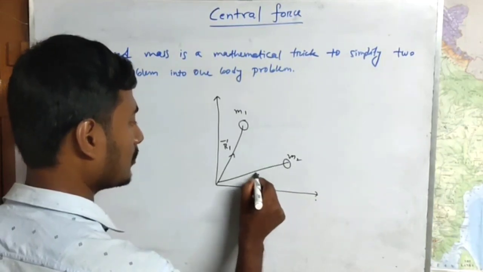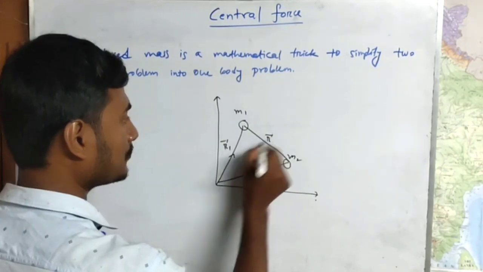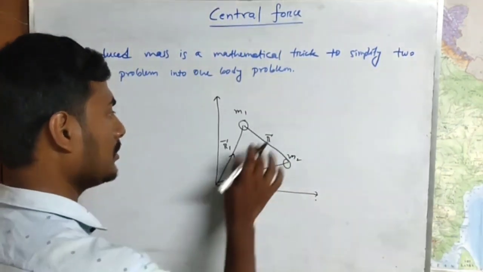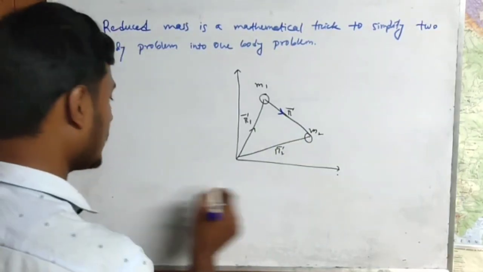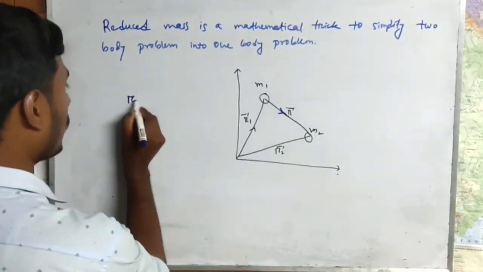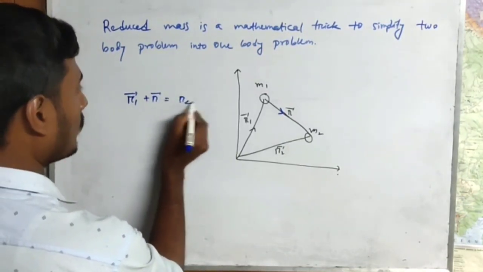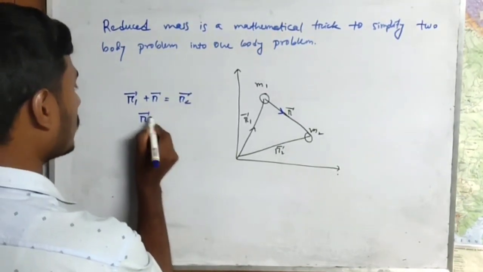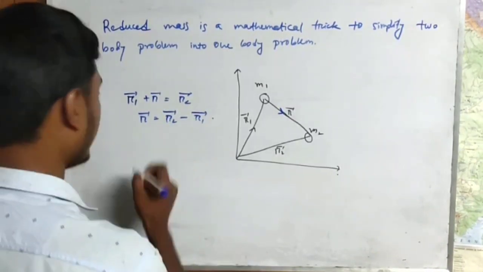Let's say the distance between m1 and m2 is r. The direction of the r vector is like this. So we can say that r1 vector plus r vector is equal to r2 vector, that is, r vector equals r2 vector minus r1 vector.